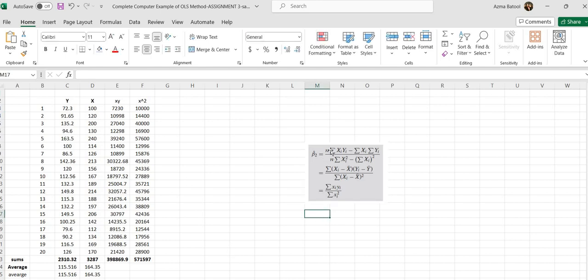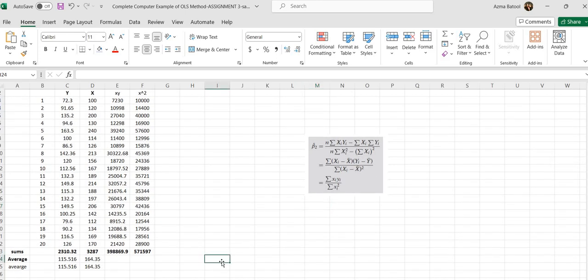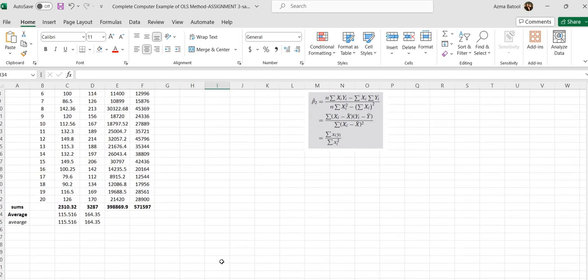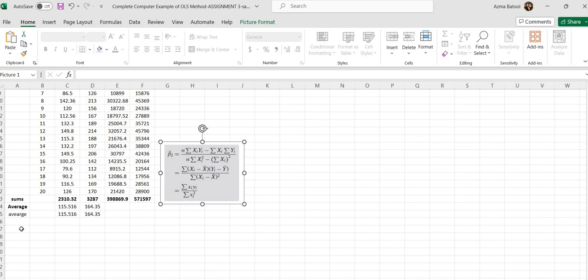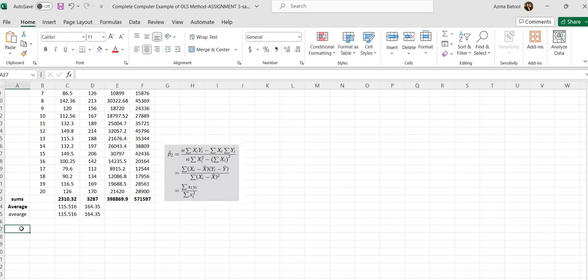It requires that I should have done these calculations. So I keep it in front of me and I write here beta 2, because I can't have the symbols here. The calculation is required over here, so wherever calculation is required, make it a formula.